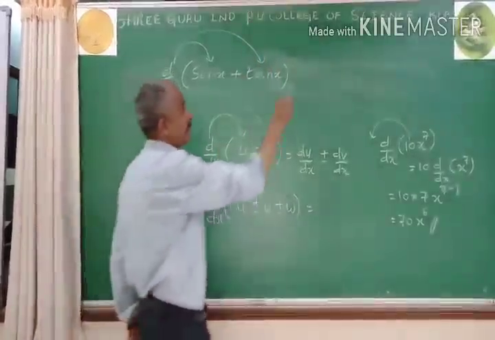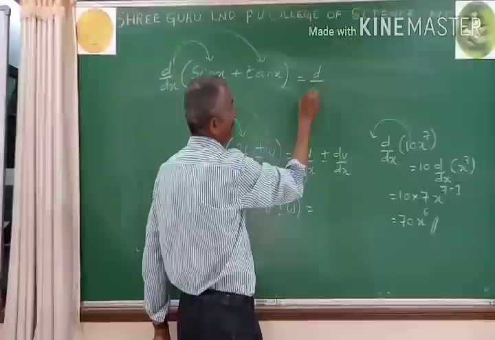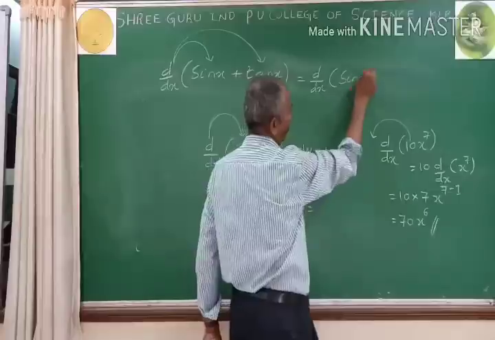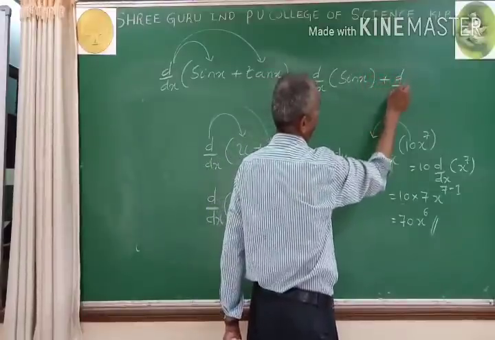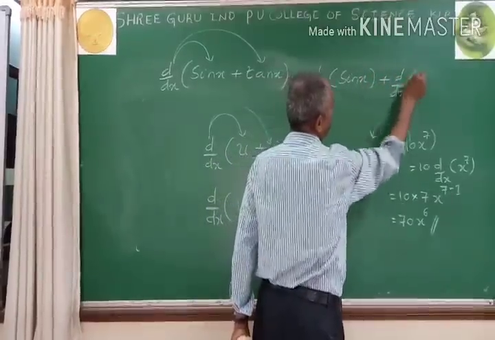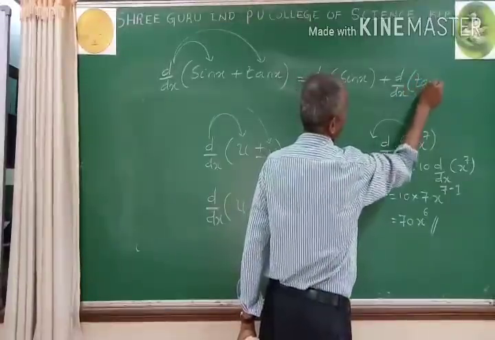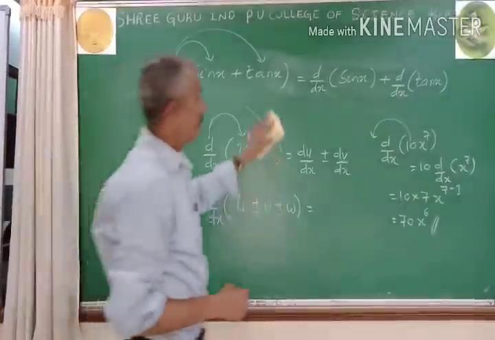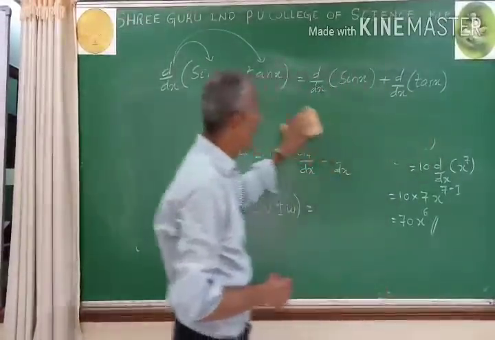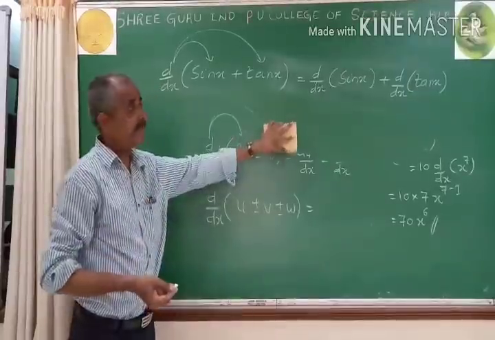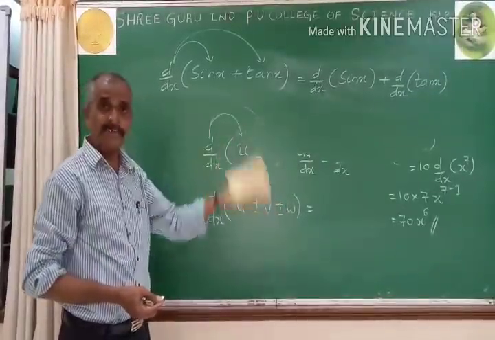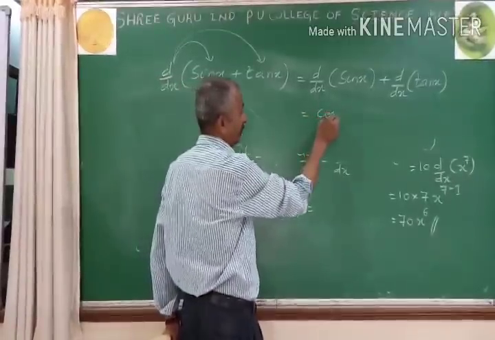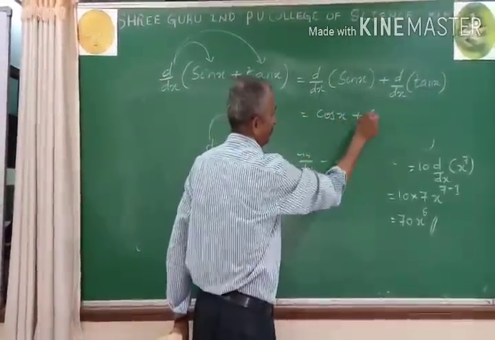That means it is equal to derivative of sin x plus derivative of tan x. Now let's apply PUC first year standard formulas. We know that already in PUC first year derivative of sin x is cos x, whereas derivative of tan x is secant square x. Hence answer becomes cos x plus secant square x.